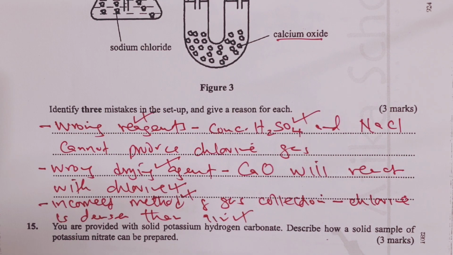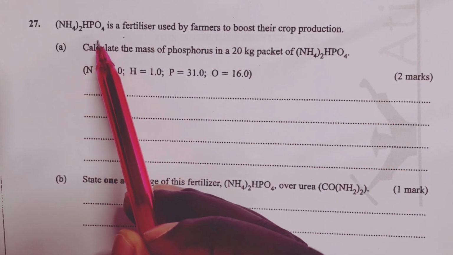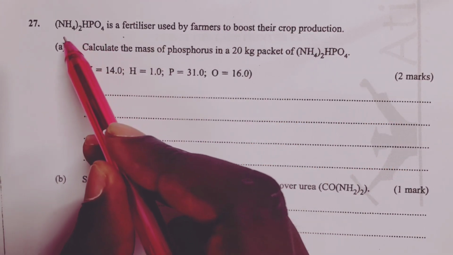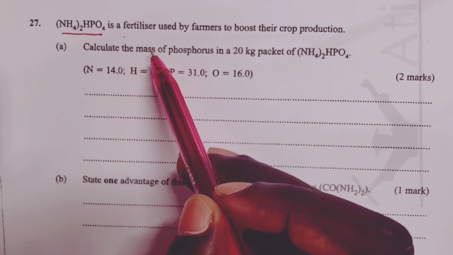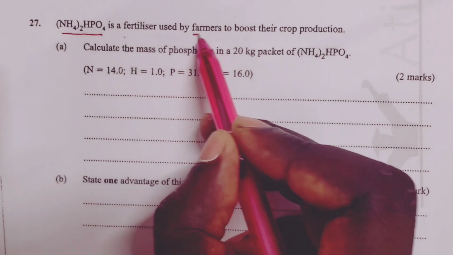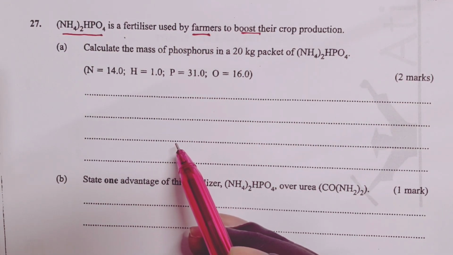Very well put. We proceed to question number 27, testing on nitrogen and its compounds. Ammonium hydrogen phosphate with this formula here is a fertilizer used by farmers to boost their crop production.